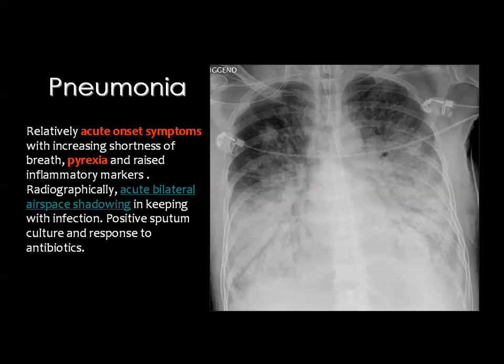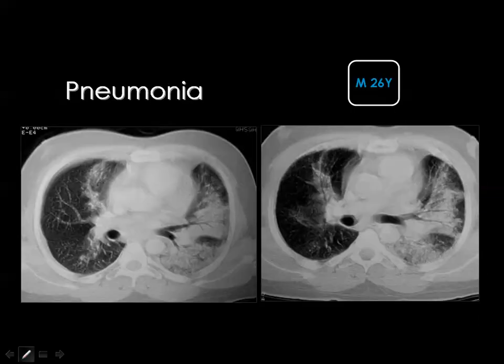Then you shift to the pneumonias, and pneumonias are usually diagnosed by the clinical symptoms of acute onset in the presence of fever, cough, and expectoration, and the chest radiographic findings of dense areas of consolidation containing evident air bronchogram, and the sputum is usually positive for an infective organism. Pneumonia can also be seen by CT, where you can see patchy opacities with air bronchogram. The consolidation usually involves the periphery of the lung and the areas adjacent to the fissures.